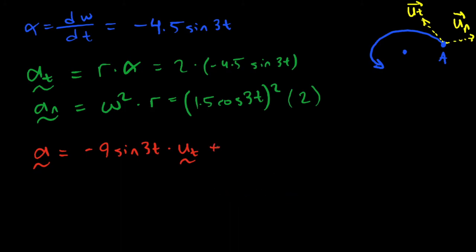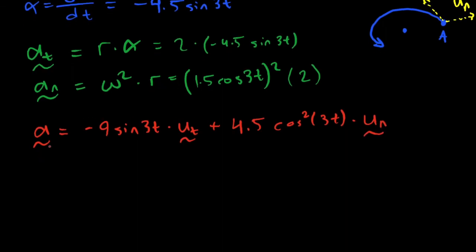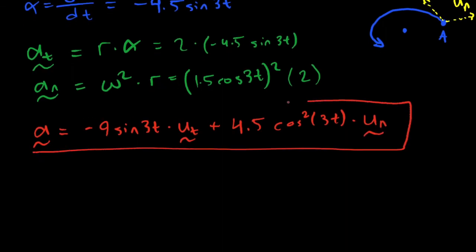And plus, because the sign is positive, we have 4.5 cosine squared 3t, multiplied by u sub n, which is in the normal direction. And this concludes the question.